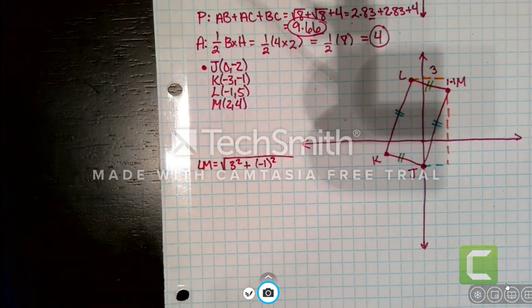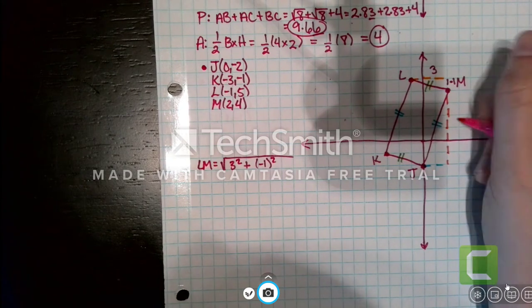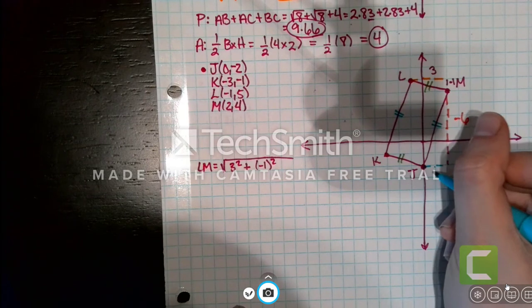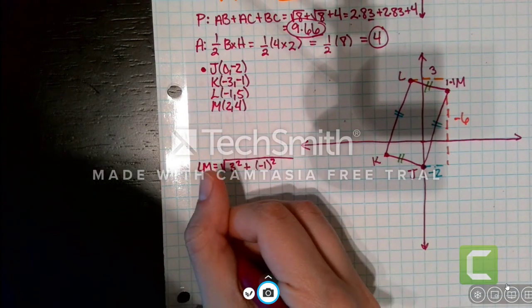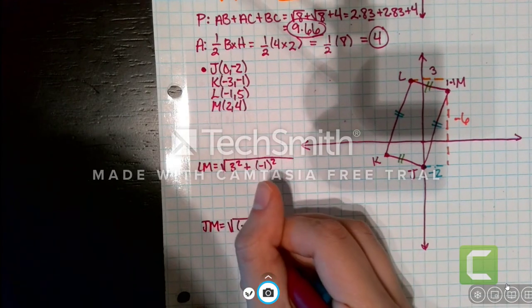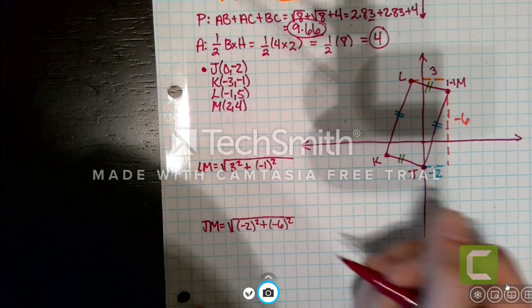And then next, we have a vertical distance of 1, 2, 3, 4, 5, 6, -6 since I went down. And I have a horizontal distance of 1, 2, to the left, so that'd be -2. So set that up below as well. You should have JM is equal to the square root of -2 squared plus -6 squared.